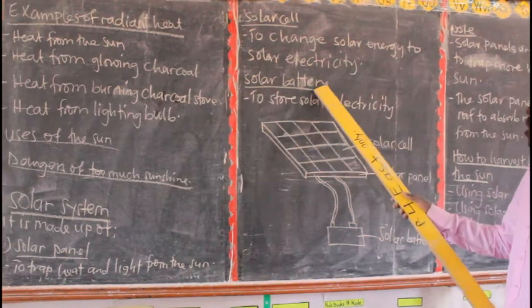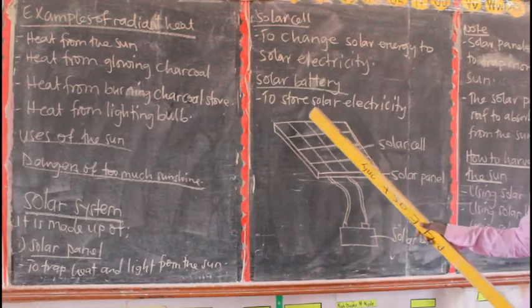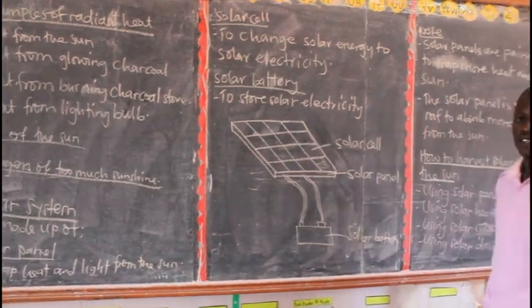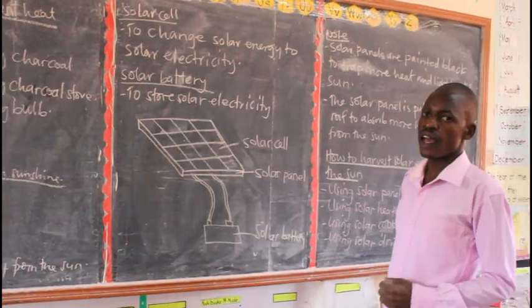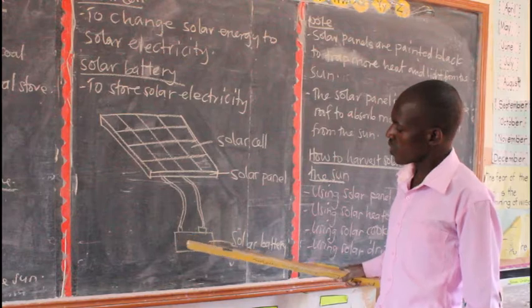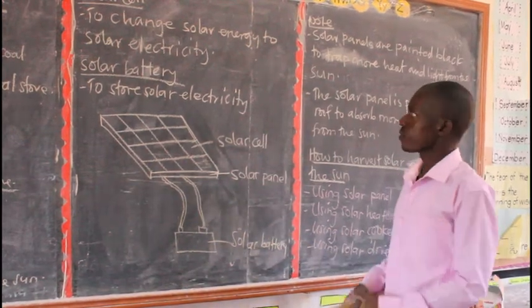Then we have the solar battery. The solar battery stores solar electricity. That's what we call a solar battery. Down here, they connect to the solar panel by conducting wires.